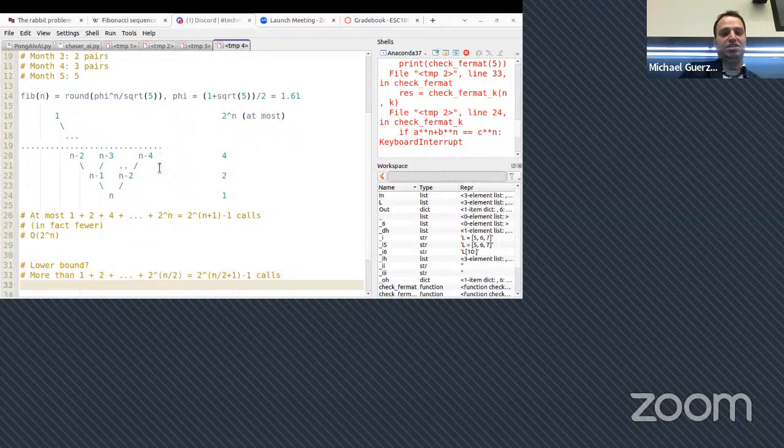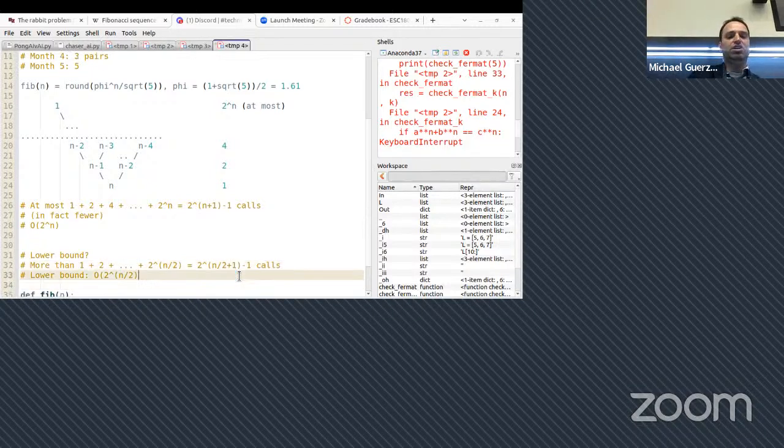So that means that a lower bound is Omega of 2 to the power of n over 2, because the plus 1 doesn't matter. The plus 1 here just means times 2, so that's a constant.